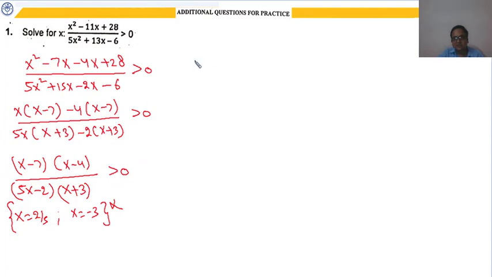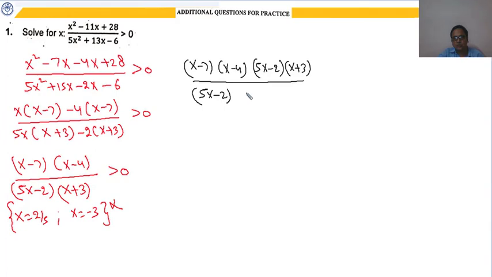So this becomes x minus 7 into x minus 4 into 5x minus 2 into x plus 3. The denominator becomes 5x minus 2 into x plus 3, both squared, greater than 0. And we straight away say x cannot be equal to 2 by 5, x cannot be equal to minus 3. So these two are positive quantities, and we take these values to the right hand side, leaving the 0 term.